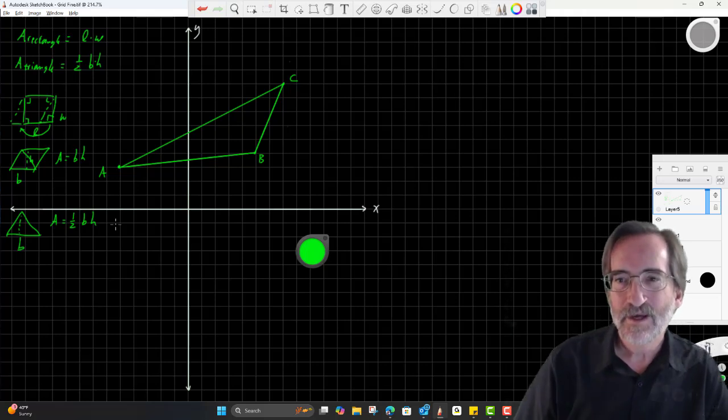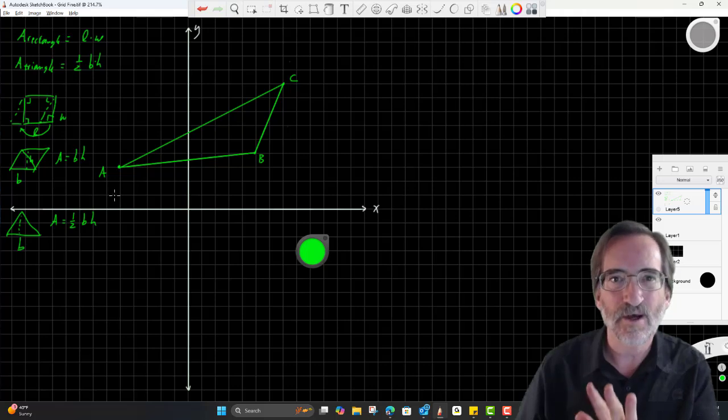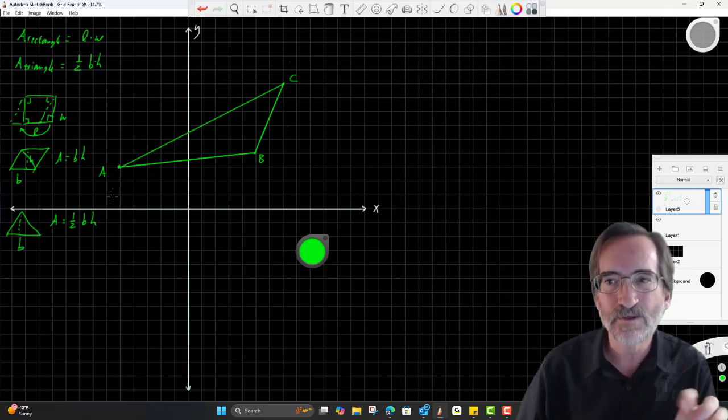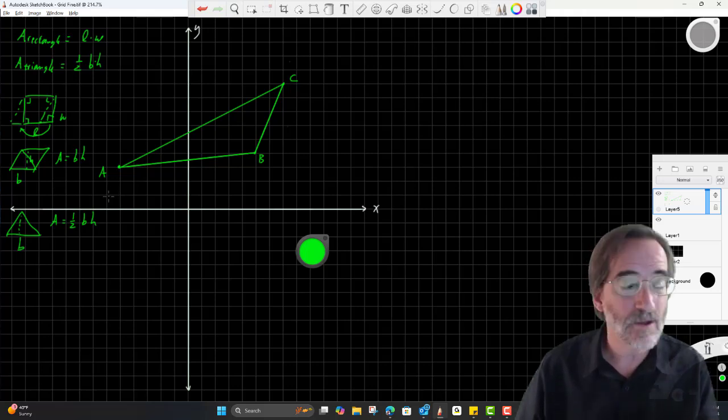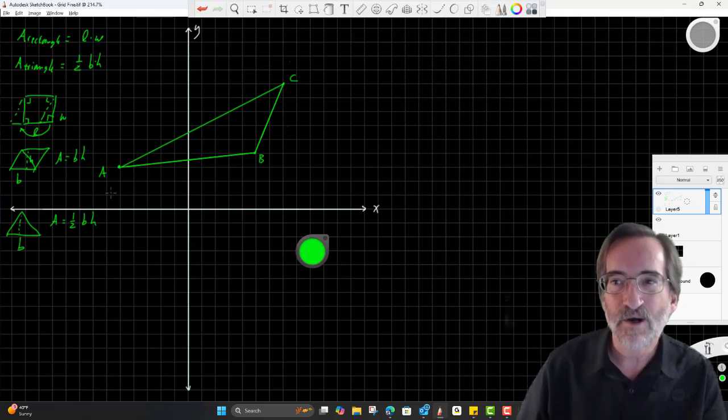Okay, so all of that applies. All right, and I'm going to focus primarily on the second half of the lesson. So I'm going to leave you to find the area of simple triangles where you can use the distance formula to find the base and the height, and parallelograms and so forth.